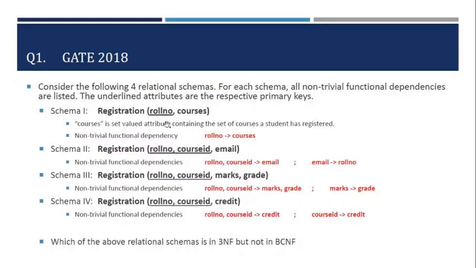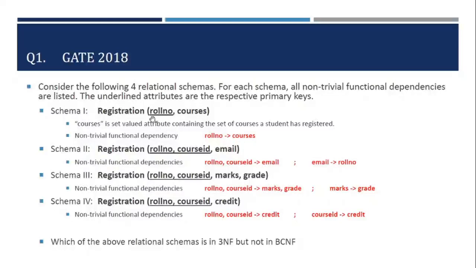So if you look at these schemas, let us see one by one. The schema 1, we have a course registration database. So in schema 1 we have two attributes, roll number and courses. Roll number is the primary key and courses is a set valued attribute.